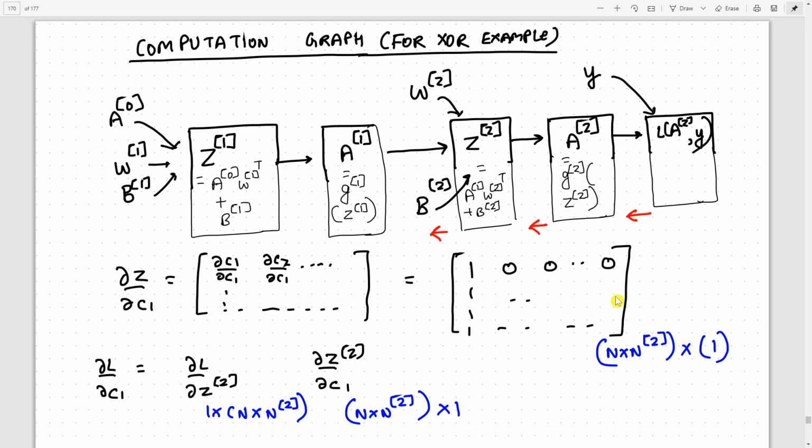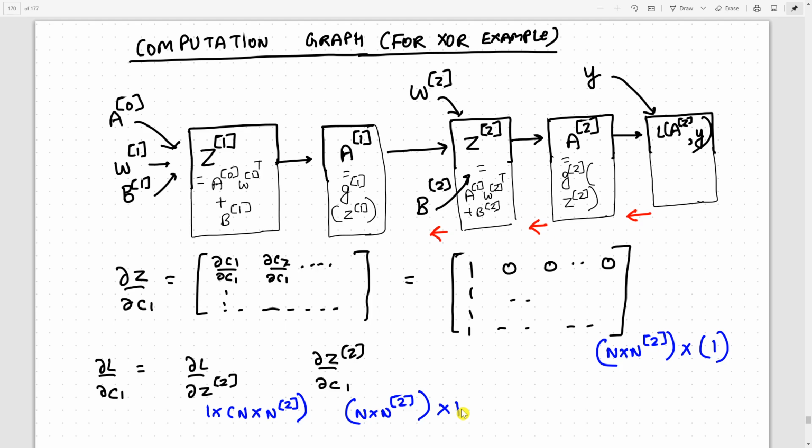And finally, if we write again del L by del C1, we look at the shapes. L is a scalar, Z2 is n cross n2, and del Z2 by del C1 is n cross n2 cross 1, right?